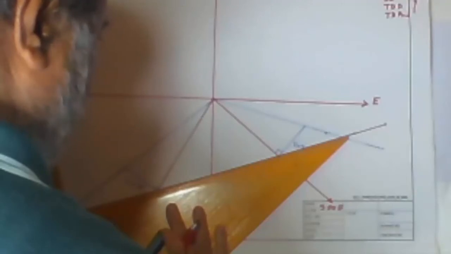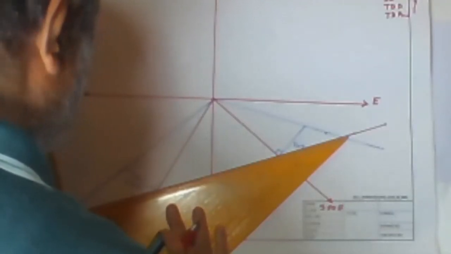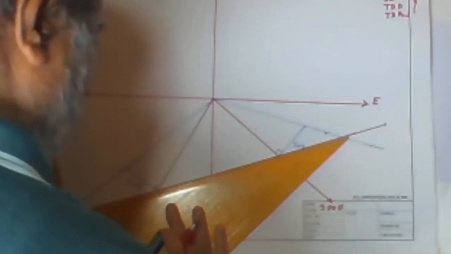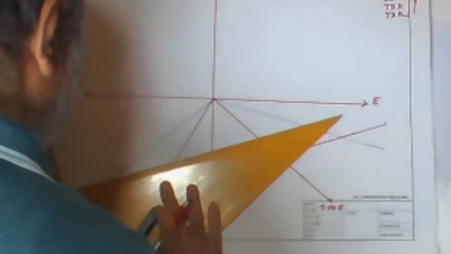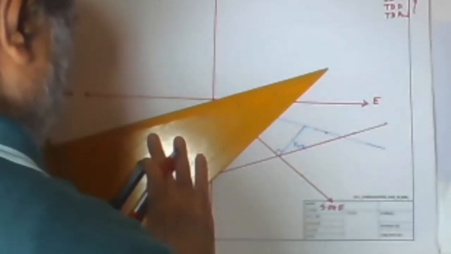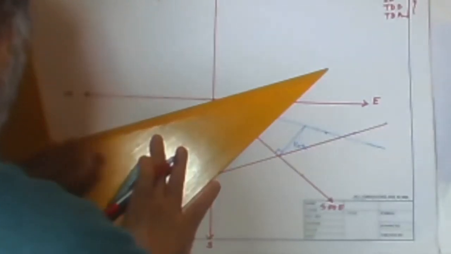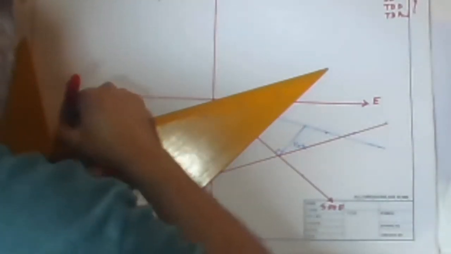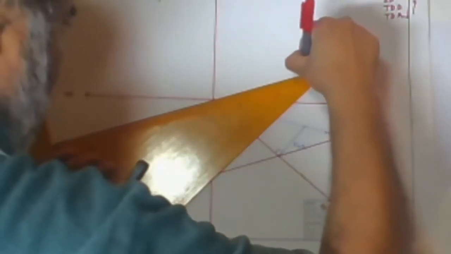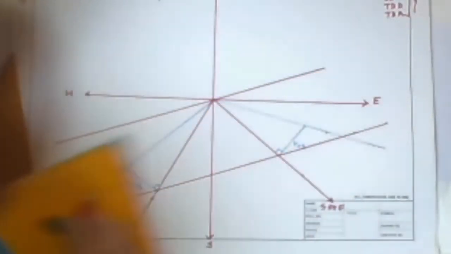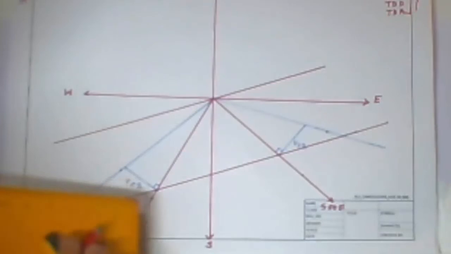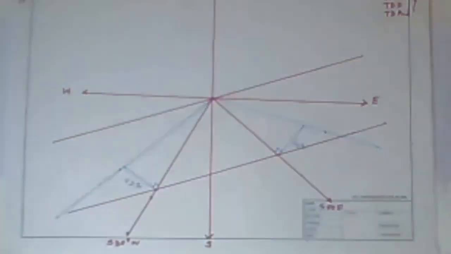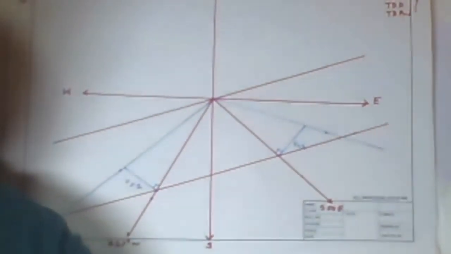Yes, perfect. Shift it slowly to the center. Press them. Now this side is correct, but this side you have to extend a little bit to here. So now both strike lines we have drawn.